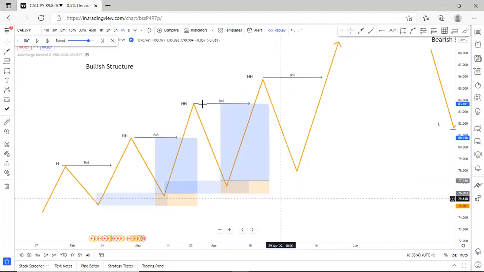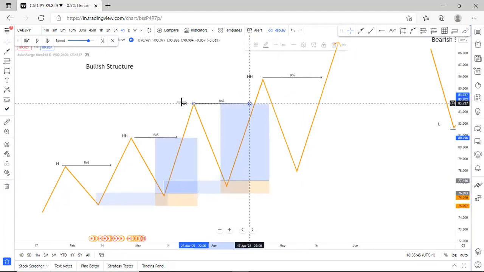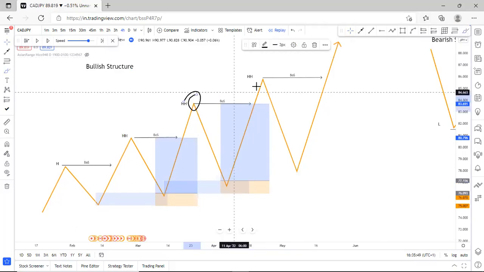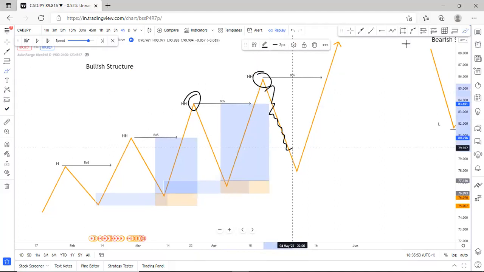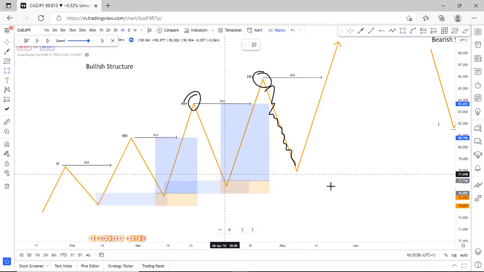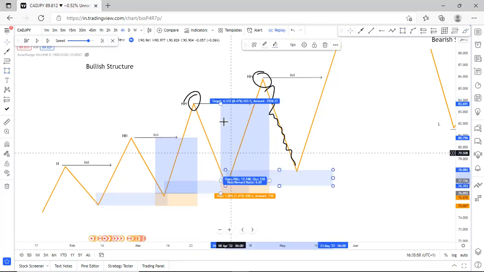Also, once this high is taken out again, we can see we have a break of structure. This high is taken out by this higher high right here. Then we wait again for a retracement, then a mitigation of the demand zone that caused the break of structure.